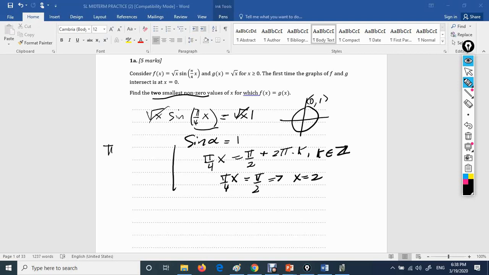So for what value of x does pi fourths times x equal 5 pi halves? If we solve this, we can see that x equals 10. So that would be the solution to this first problem. x equals 2, or x equals 10. Those would be the first two non-zero solutions.